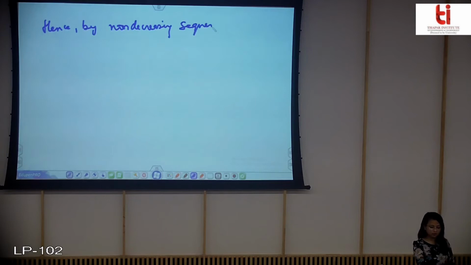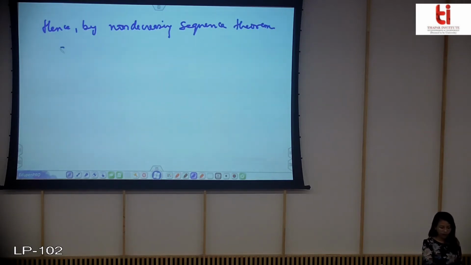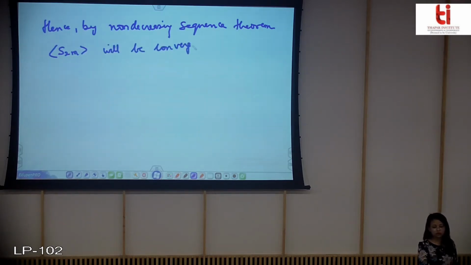by non-decreasing sequence theorem, S2m will be convergent, because this is a sequence which is non-decreasing and this is bounded from above.